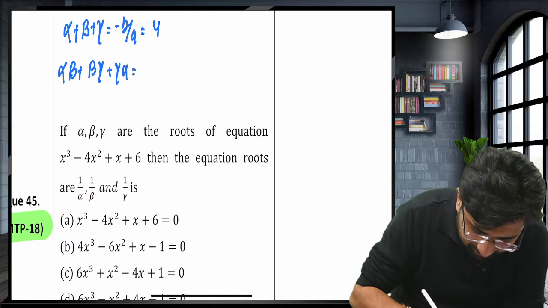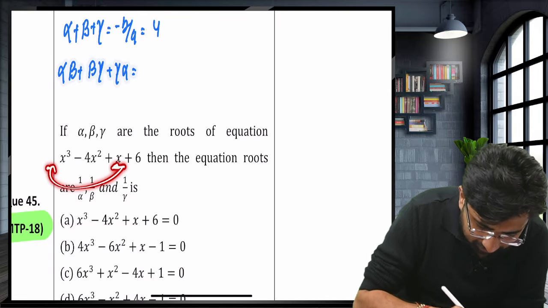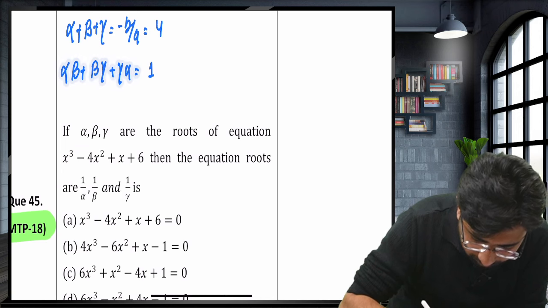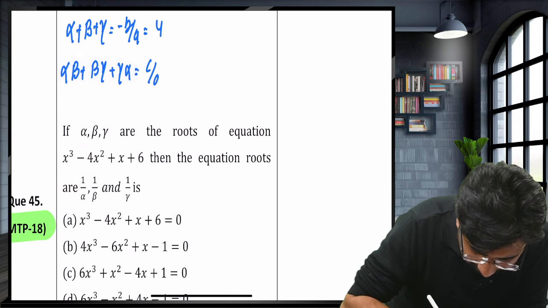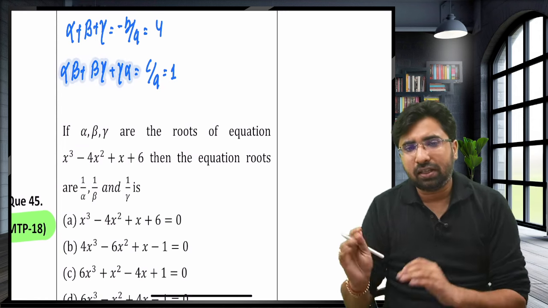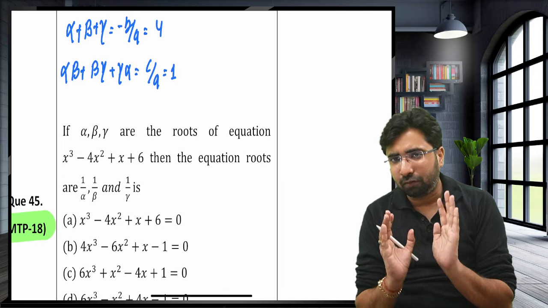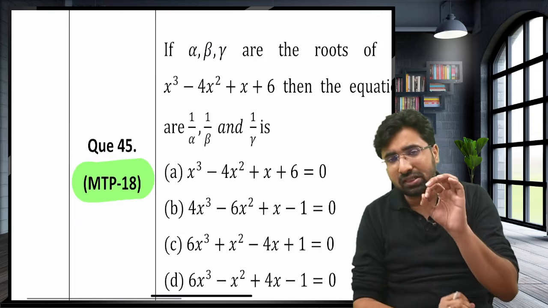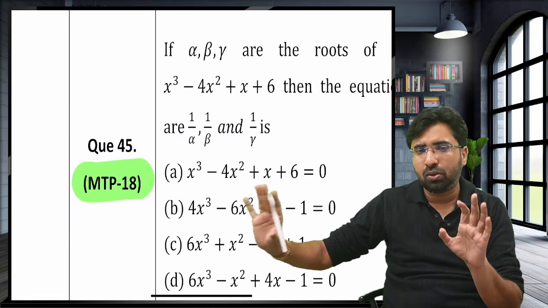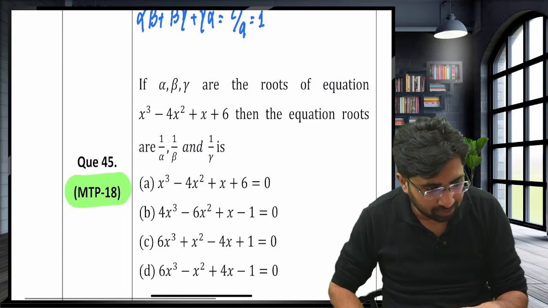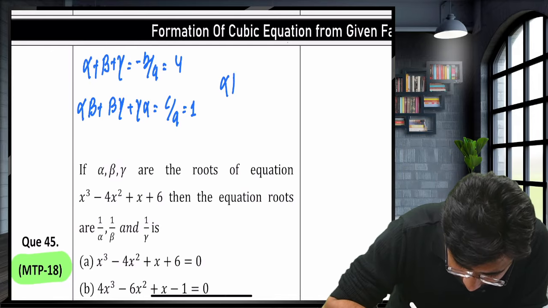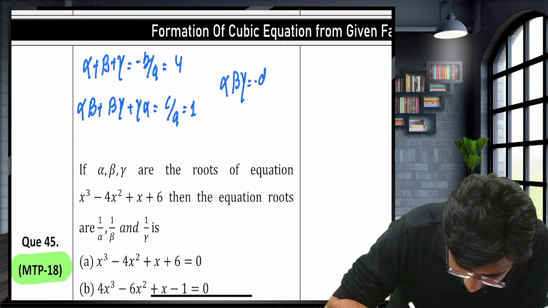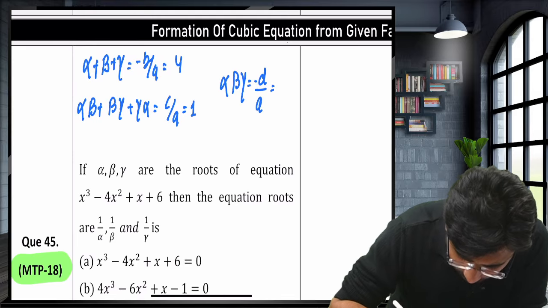This is c by a, that is 1. Even if you want, you can skip this. This is a worst case scenario paper, not yet asked in the exam. MTP 2018, very old MTP, but still it was there. What is the product of the roots? Alpha into beta into gamma is minus d by a. What is minus d?